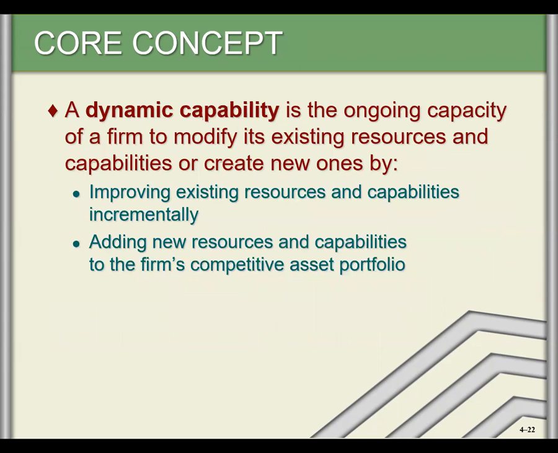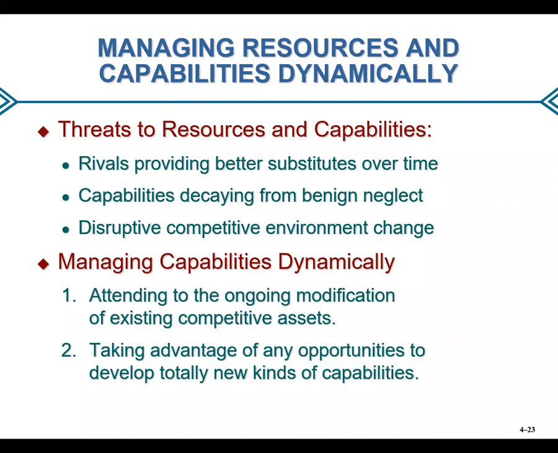And the dynamic capability is the capability of the company to modify its existing resources and capabilities, to create a new one, by improving the current one or by building a new one. So that's about the resources of the company.